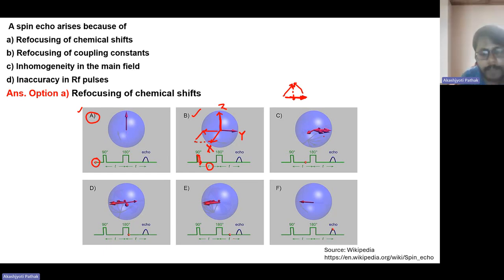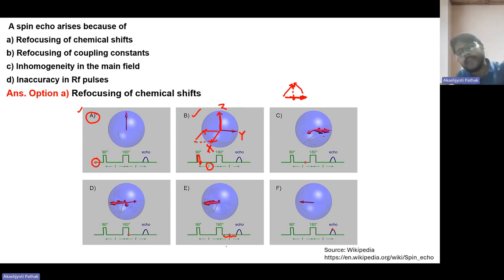And now what will happen? I will again allow a delay of time t. During this delay, they were getting dephased, right? Because I have inverted the magnetization from plus y to minus y, they are again dephasing because of this delay of time t.